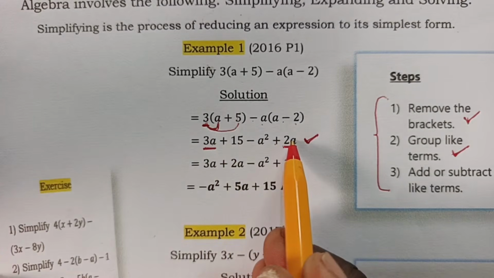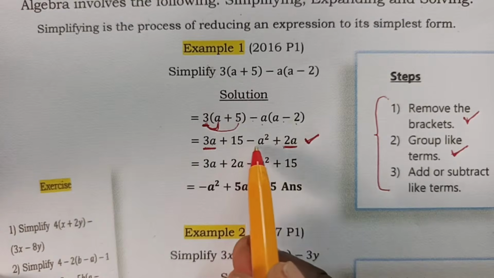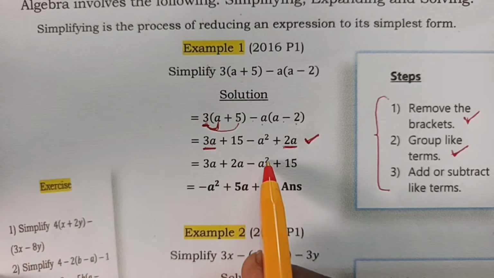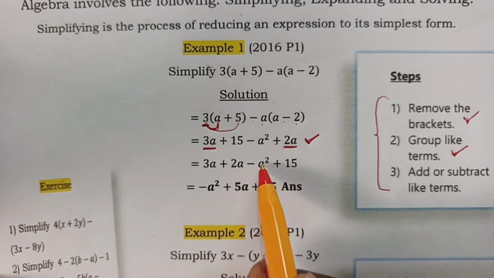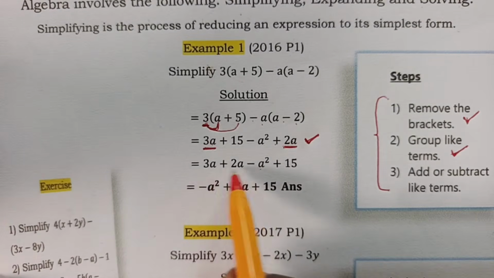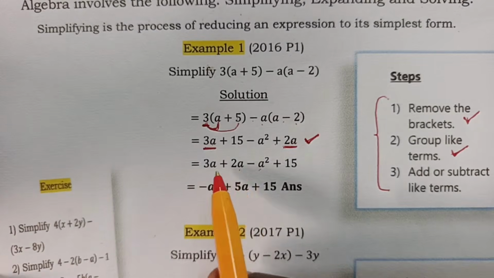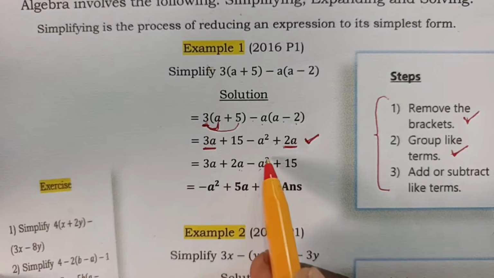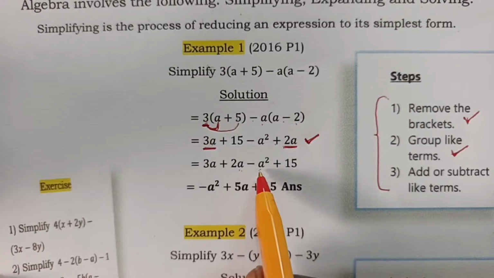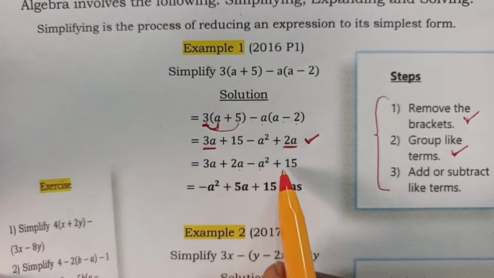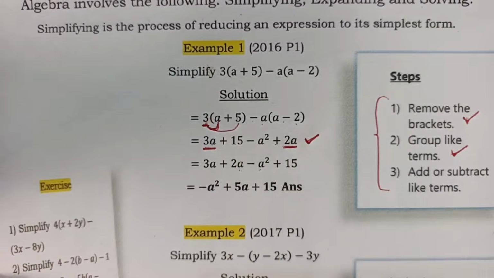So this and this, they are like terms. And then you come to this minus a squared. So don't confuse this a with these 2a's. No, this is a squared. This is just a. So these are like terms. This one with the power 2 is alone. Okay. And then 15, you write it down right here. So we can say we group the like terms.